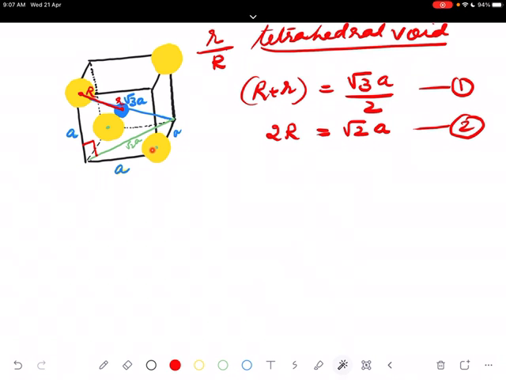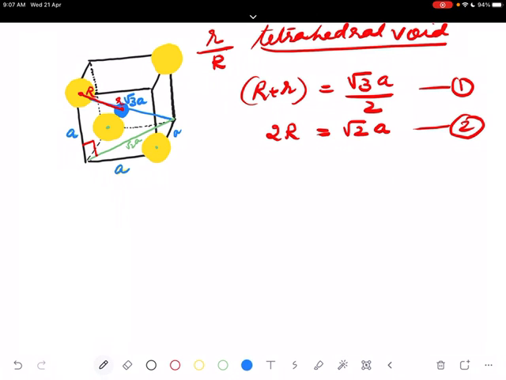So two equations you have got, and we can solve these two equations to find out the relation between small r and capital R. What you have to do is take the more complicated equation divided by the less complicated equation, that way you can take very easily.